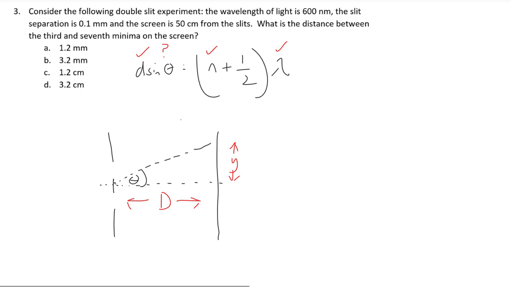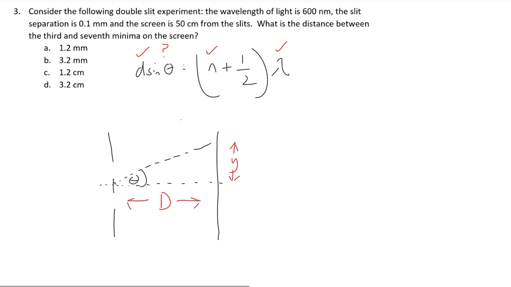Again though, we do not know anything about the angle theta. We in a sense want to replace the angle theta in that equation somehow with y. Y is something we are looking for and theta is something we don't know and it is not something we are looking for. How will we do this? Well, the easiest way to do this is to use what is known as the small angle approximation. As you can see in our diagram, we have a right angle triangle.